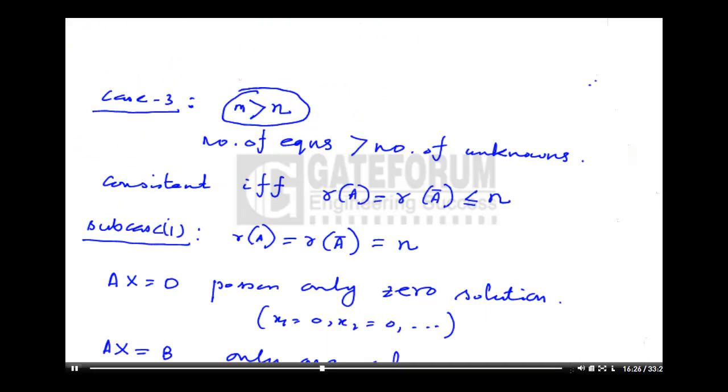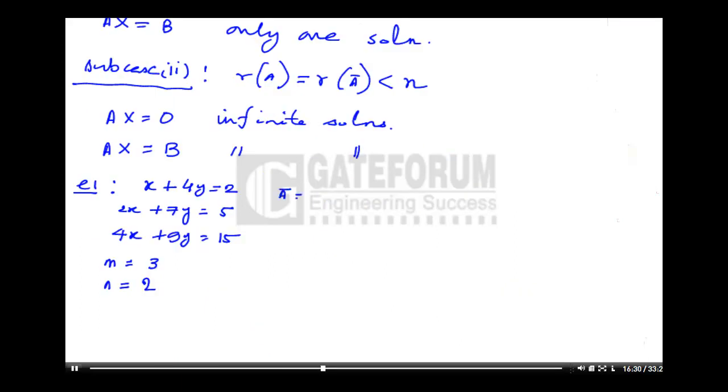Now, first we will consider the augmented matrix, that is equal to 1, 4, 2, 2, 7, 5, 4, 9, 15. First we will check whether the system is consistent or not, and for that we have to calculate whether the rank of the matrix and the rank of the augmented matrix are equal or not.